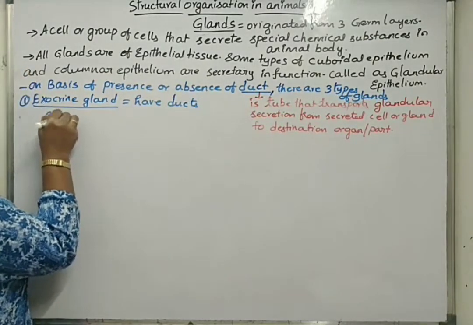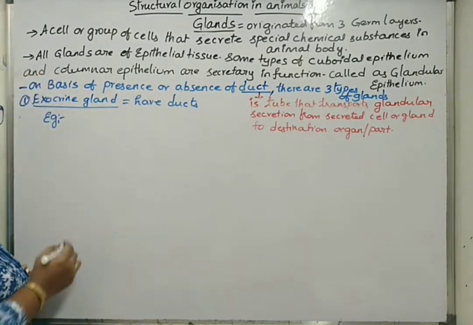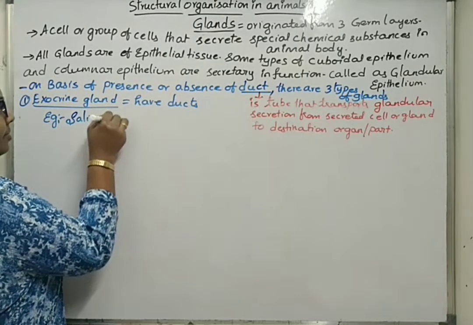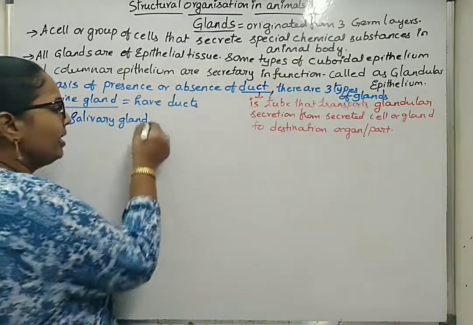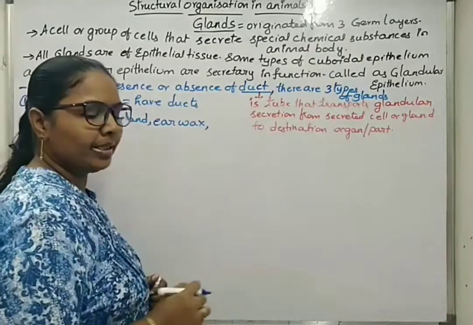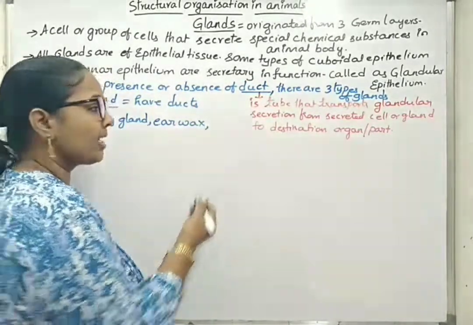Examples, or the locations where such exocrine glands are present: salivary glands, earwax glands, mammary glands, and also oil secreting glands, enzyme producing glands, etc.